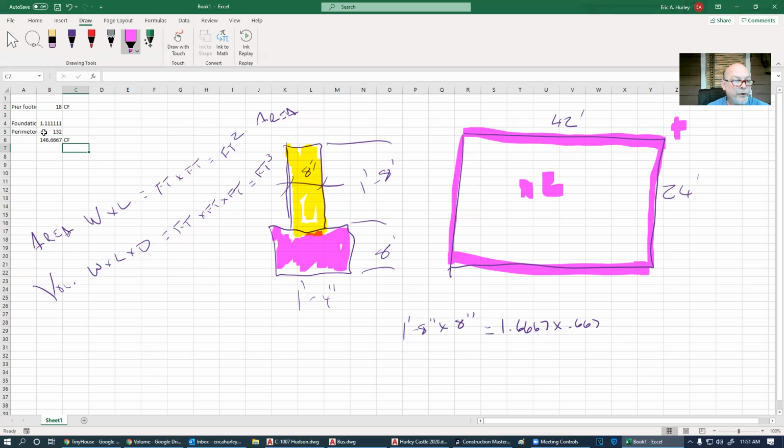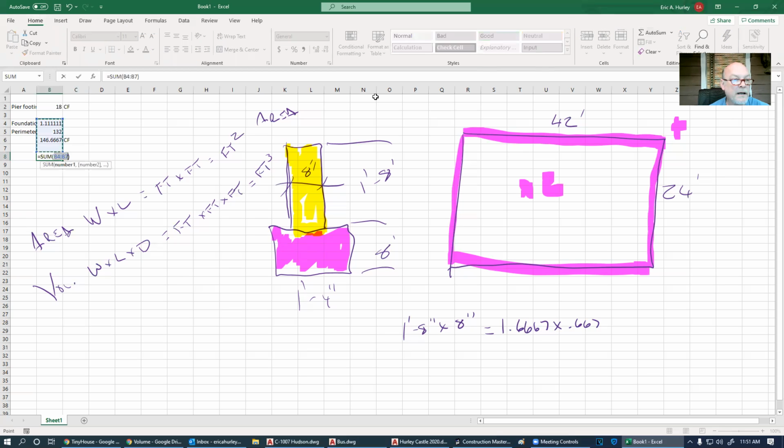Now I want to add these two together, and again I can do the auto sum, but this time I want to do just this one and just that one. I'm going to push control so that I get both of those. It's going to add up the two of those, and now this is my total cubic feet.